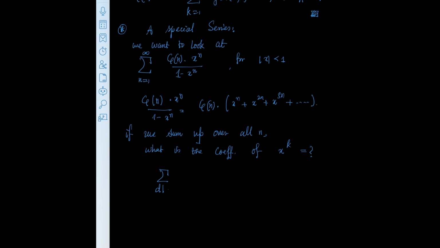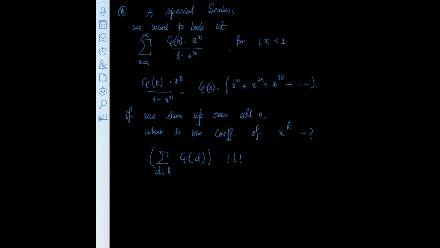Think about it, the coefficient of x to the power k is the sum over d dividing k of phi d, because if d divides k, then phi d times the series, somewhere in the series x to the power k will appear. So that's why the sum over d dividing k of phi d is the coefficient of x to the power k.